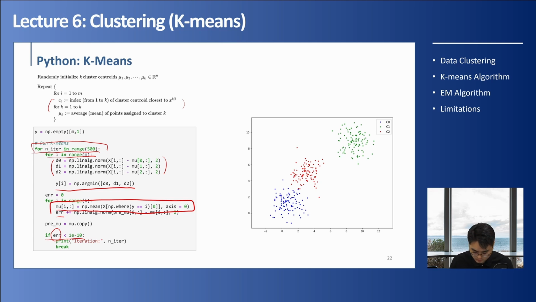If we look into the meaning of the error, it is pre-mu, so the centroid coordinates in the previous iteration, and the centroid coordinates in the current iteration. So we're calculating how much the centroid has changed. If this is small enough, then we say it has converged and stop our iterations.